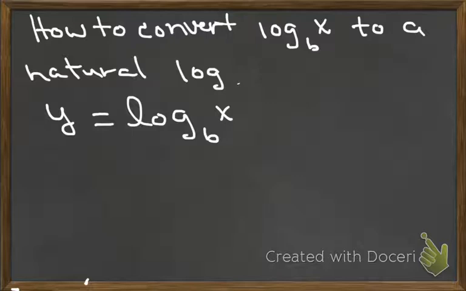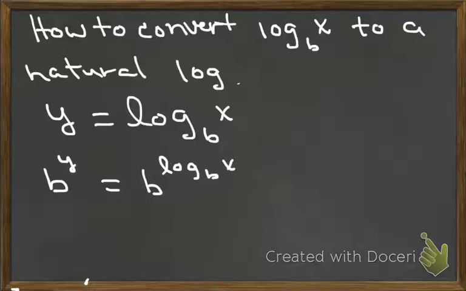So if I wanted to, I could make each side of the equation the exponent for b. So that would be b to the y is equal to b to the power of log base b of x. And then I just have to remember one property of logarithms, because the exponential function b to the x and log base b of x are inverses of each other.